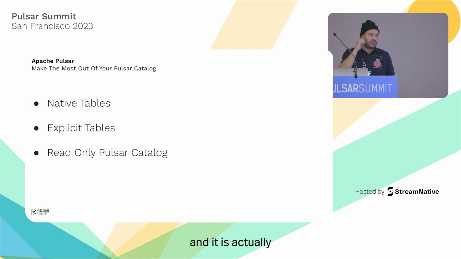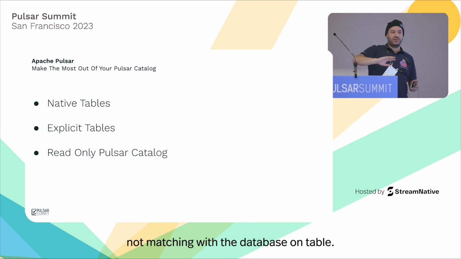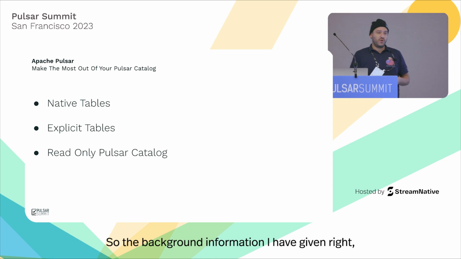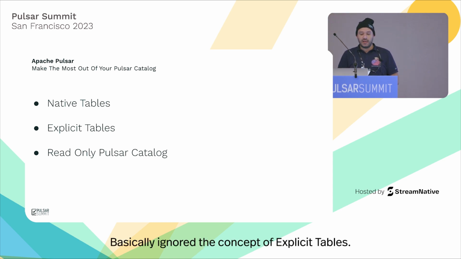And it is actually not giving you the tenants and namespaces matching with the database and table concepts. So, with the background information I have given, I came up with this read-only Pulsar catalog, where I basically ignore the concept of explicit tables.